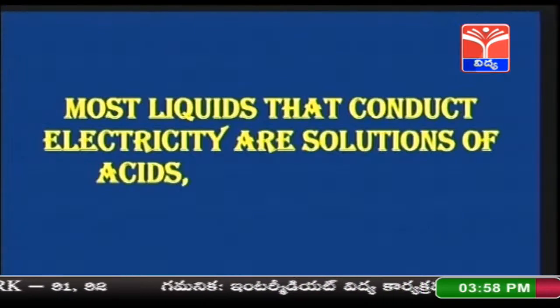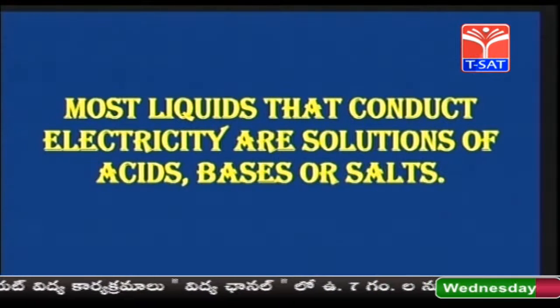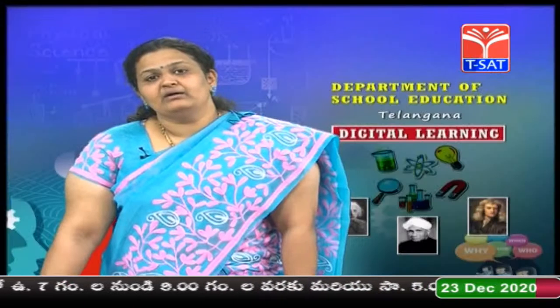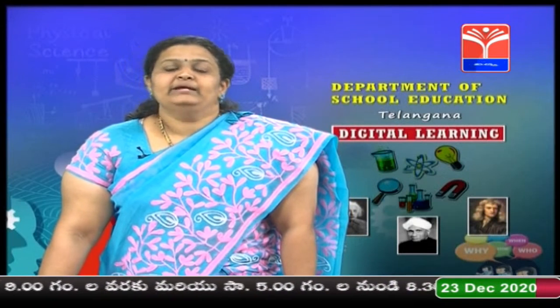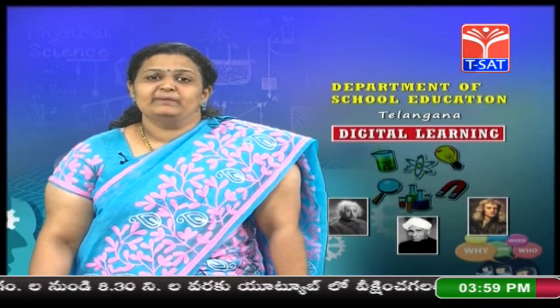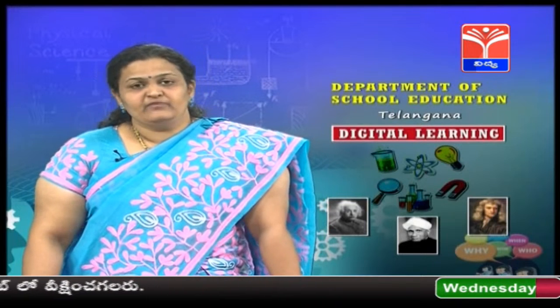It is better to wear rubber gloves and work on a plastic or wooden chair. Most liquids that conduct electricity are solutions of acids, bases or salts. So, in this activity, you might have understood that whatever liquids showed conduction of electricity are solutions of acids, bases or salts. So, children, we have come to the end of this session.